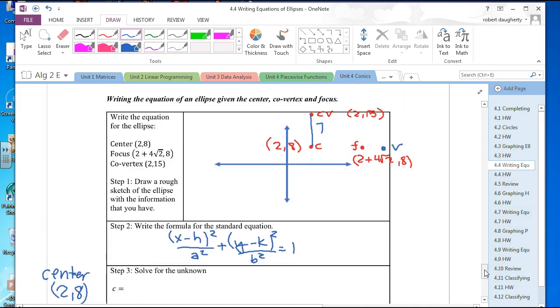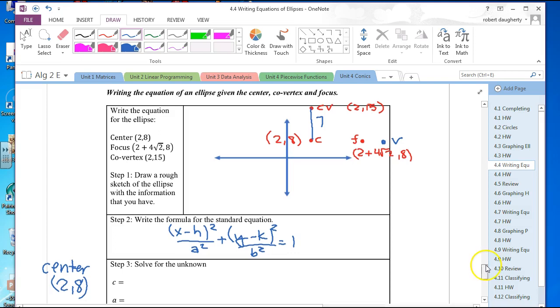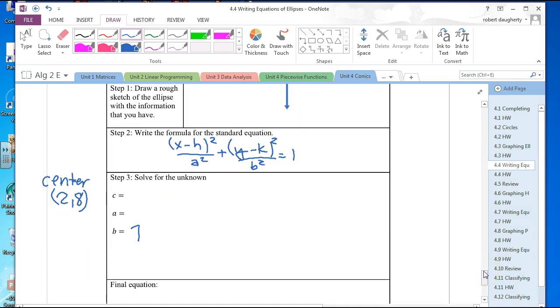And then what's the other one that I know? I know c, because c is the distance from the center to the focus. What's the distance from 2, 8 to 2 plus 4 root 2, 8? 4 root 2 is the distance there. So c is 4 times root 2.